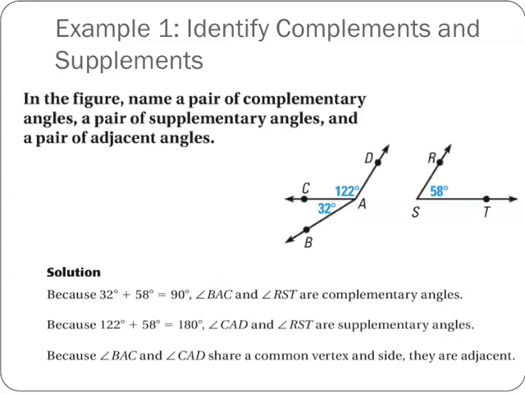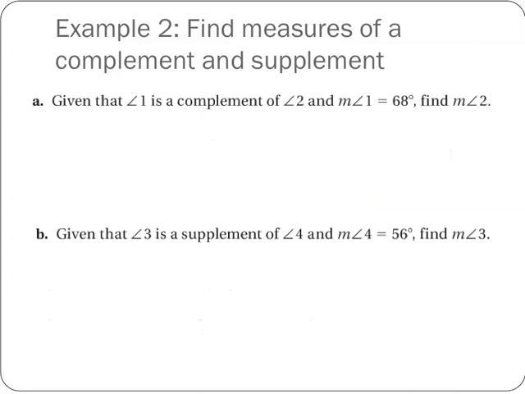All right, example 2, find measures of a complement and supplement. So given that angle 1 is a complement of angle 2, and the measure of angle 1 is equal to 68 degrees, find the measure of angle 2. Okay, so since angle 1 is a complement of angle 2, we know those two have to add up to 90 degrees.